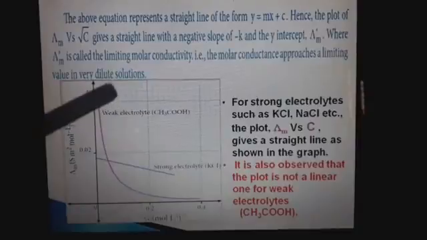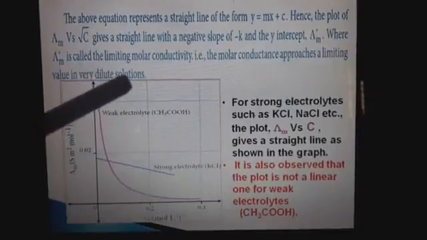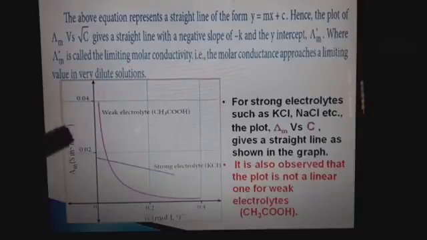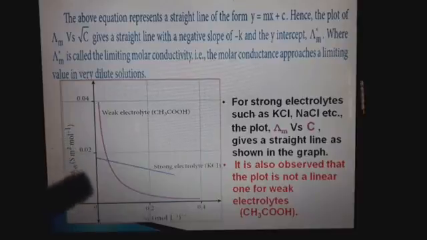Next, from the above equation, lambda m is equal to lambda 0m minus k into root c, you plot the values in this graph. On the x-axis is the root c value, and on the y-axis the lambda m value.